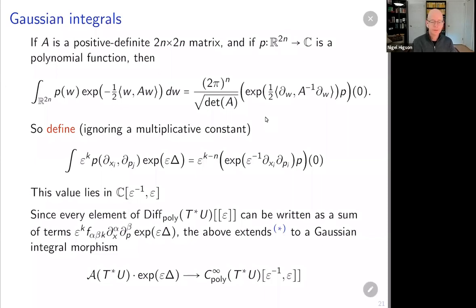And what I'm going to do is take the derivatives and the exponential and apply the procedure above to them, and out will pop just the function times epsilon to the k. And then I'll just collect together all of the contributions I obtain in this way, and what I'll get, I wrote that on the next slide, is some kind of morphism from our bimodule into polynomial functions with epsilon adjoint, Laurent polynomial series in epsilon. Pretty much, but not exactly.